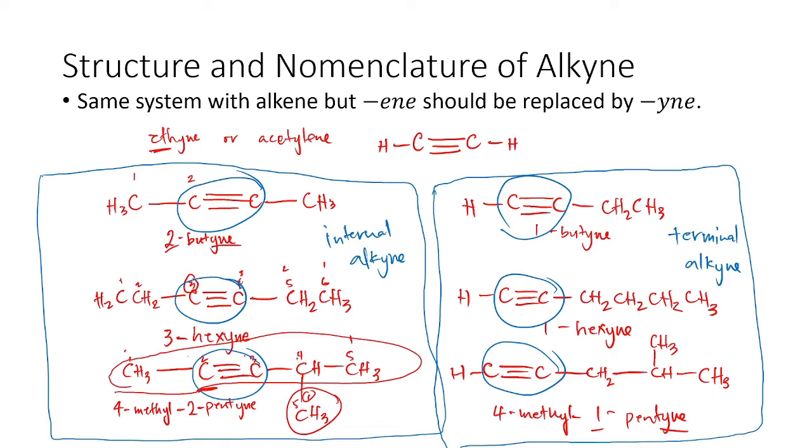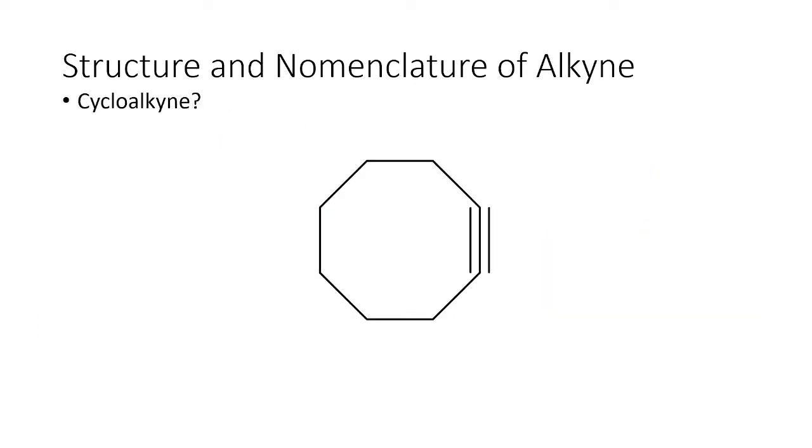When we talk about alkenes, we also have cyclopropene. But when it comes to this triple bond or what we call alkynes, we will have a problem when we have those smaller cyclic compounds. So basically, the smallest cycloalkyne is what we call our cyclopropane.